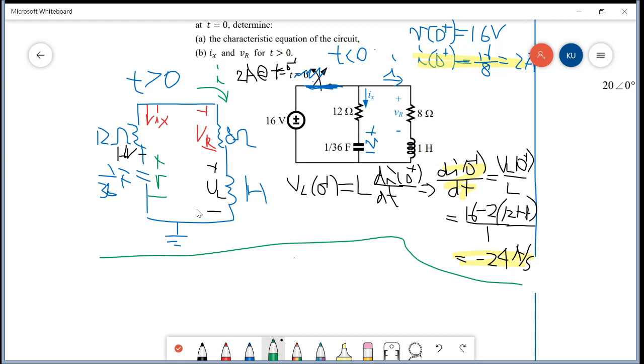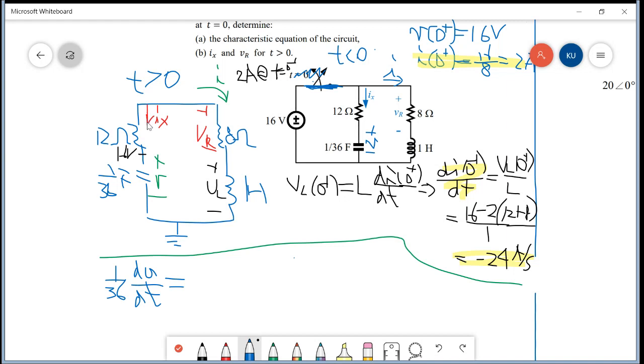So first of all, we'll know that according to this capacitor, C dV dt, C is 1 over 36 farad, and dV dt should be Ix, because this is positive, this is negative.